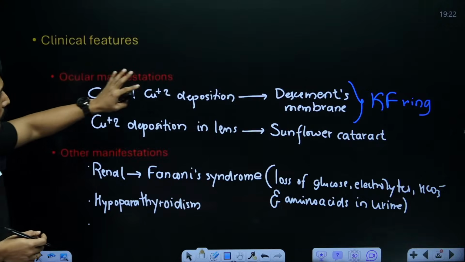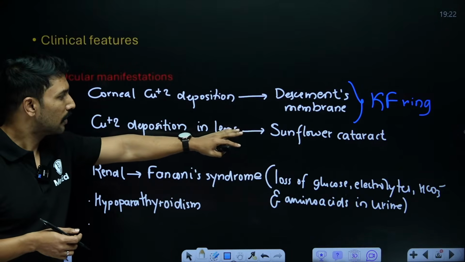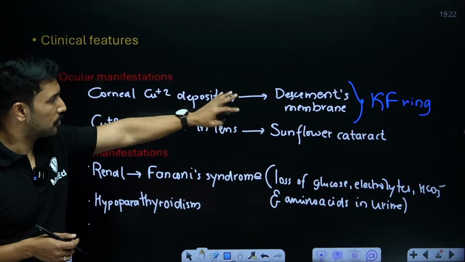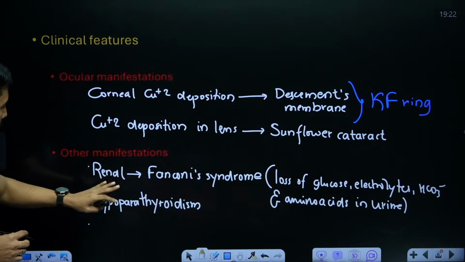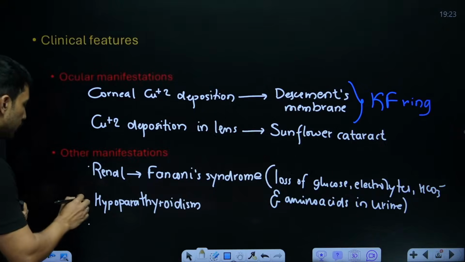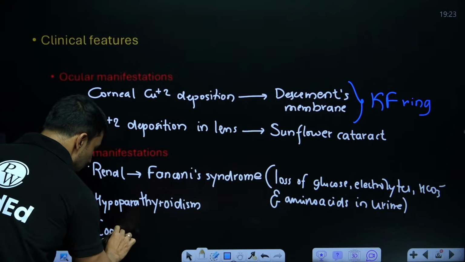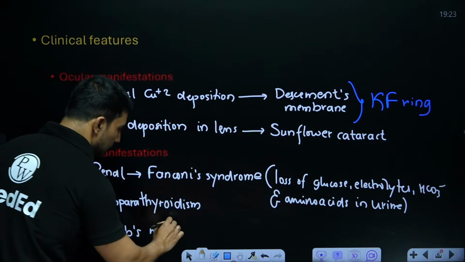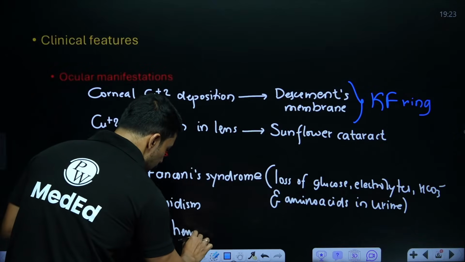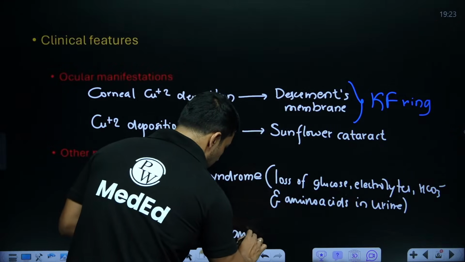Then the eye: you can have copper deposition in the cornea as well as the lens. The lens causes sunflower cataract, and corneal deposition causes the KF ring. Renal: you can have Fanconi syndrome and hypoparathyroidism. One more important thing I mentioned was that we can have hemolytic anemia. So we may end up with Coombs negative hemolytic anemia.